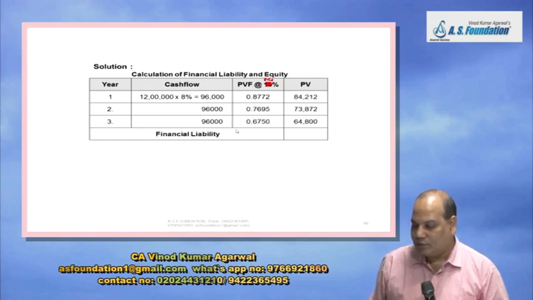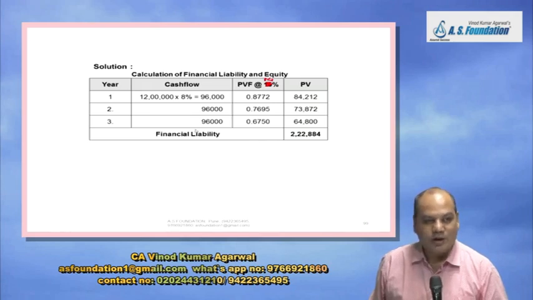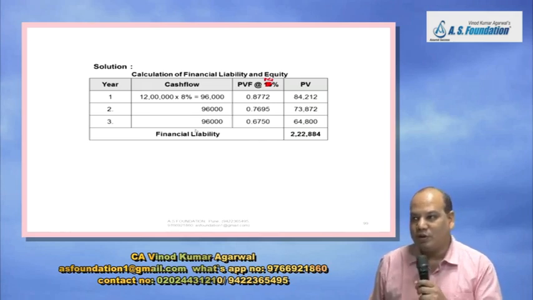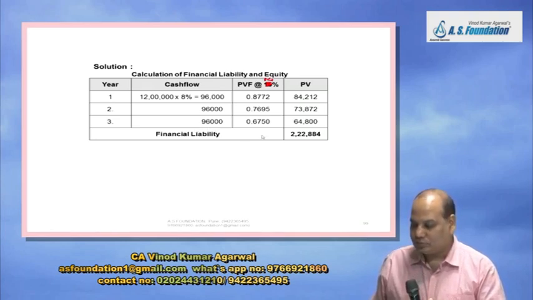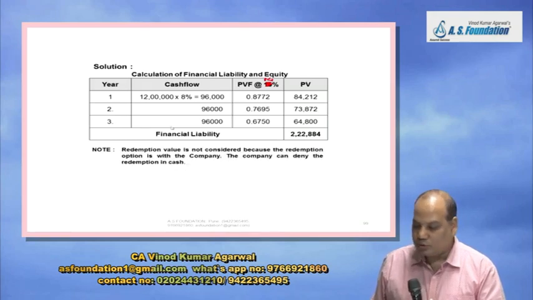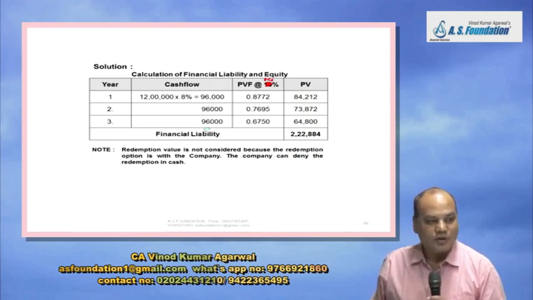Why have we not written the redemption value this time? Either it is a mandatory redemption, mandatory conversion, or the choice is with the company, so the company can avoid the payment in cash. Just take the calculation, bring a good calculator. 222,884 is right. And then I have written a note so that later you don't ask why redemption value is not considered.